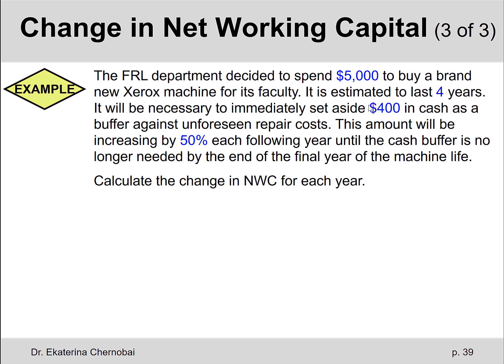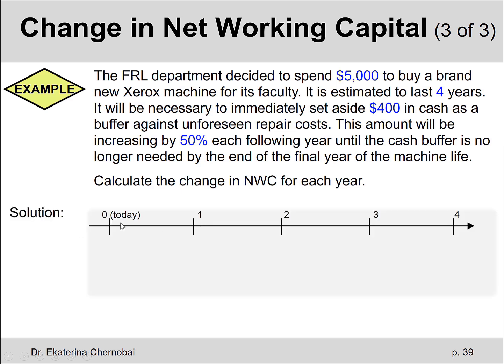Okay, so it's a 4-year project, right? So we can imagine a timeline with year 0, which is today, or when this project would begin: year 1, year 2, year 3, year 4. So if we immediately set aside $400 in cash, it means we immediately invest this amount of money.